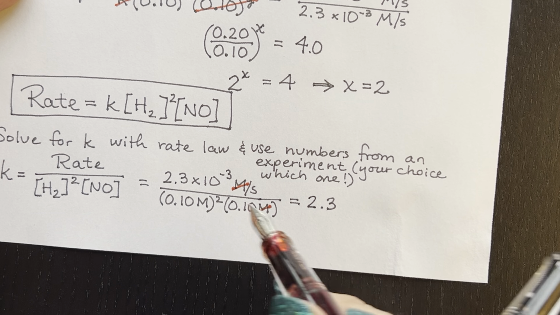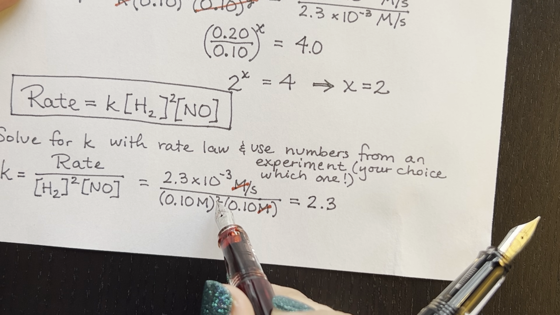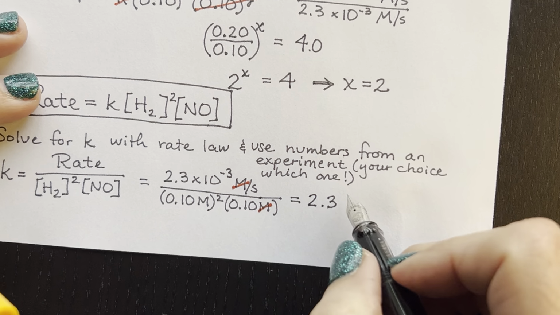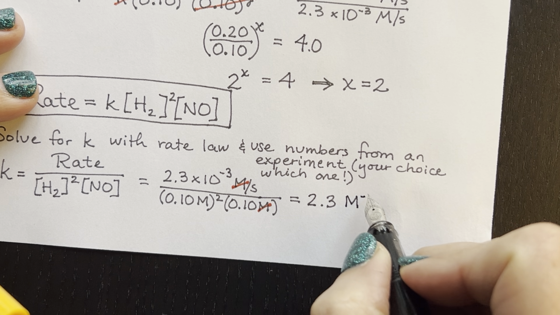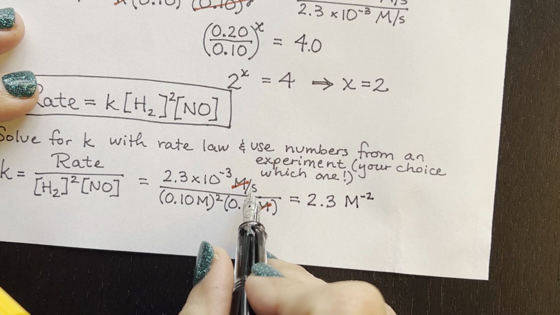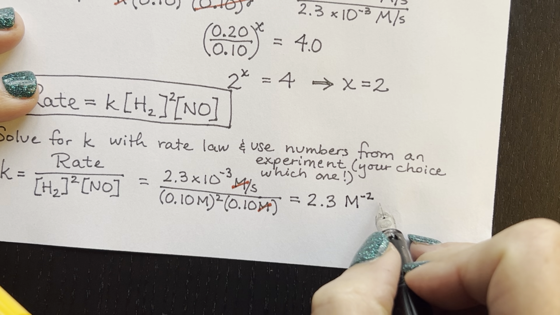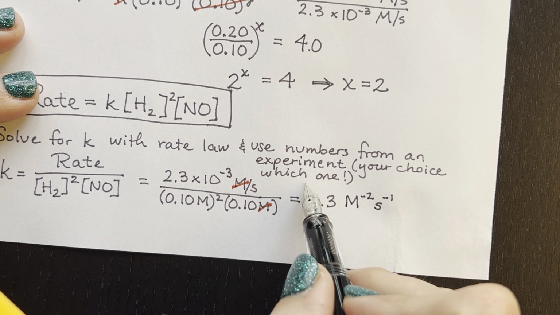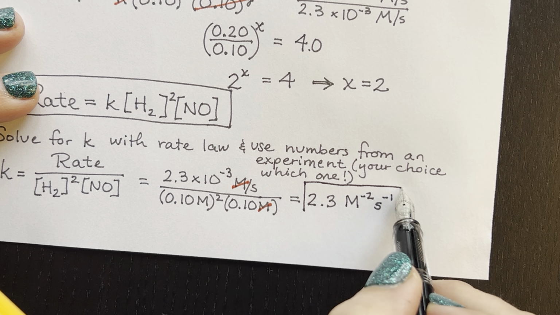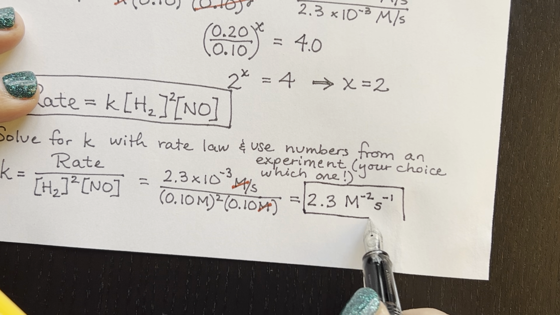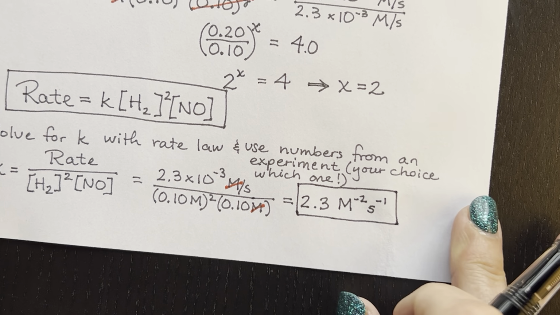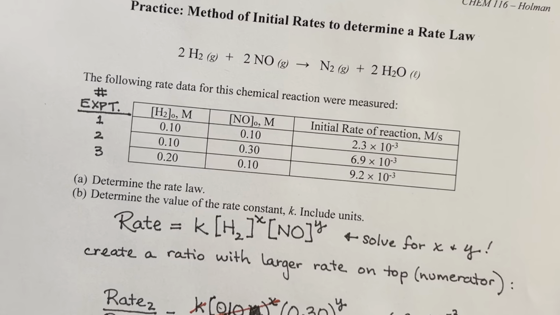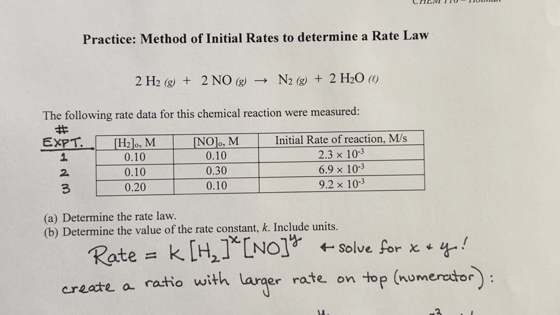Here we have molar squared, but it is in the denominator, so we show that with molar to the minus 2, and then this is per second, seconds to the minus 1. There is our rate constant under these conditions. So we have solved this problem.